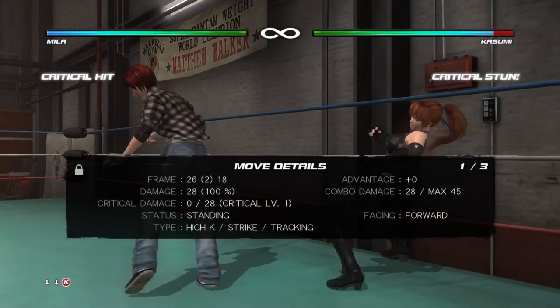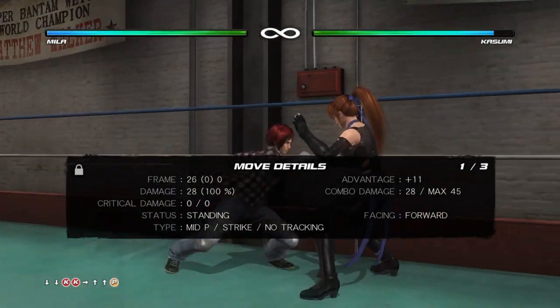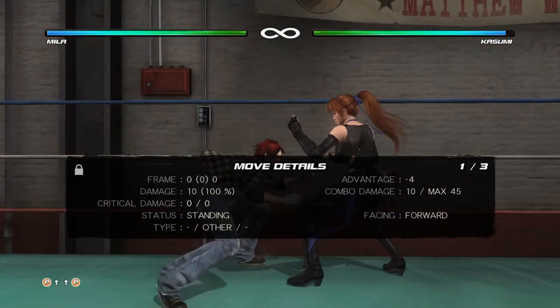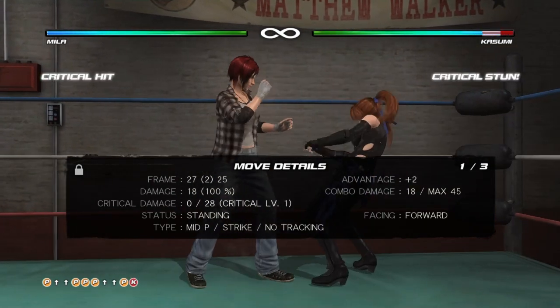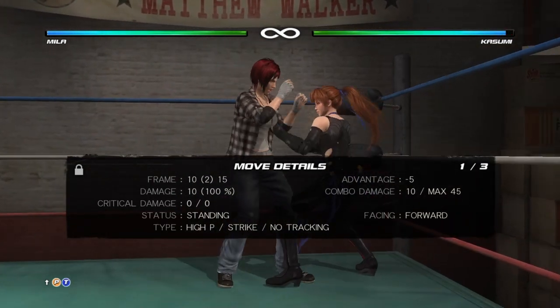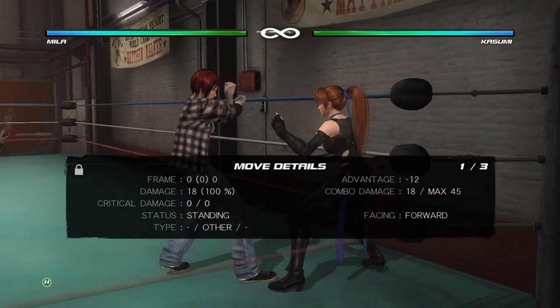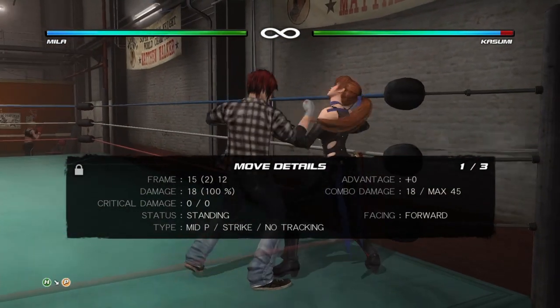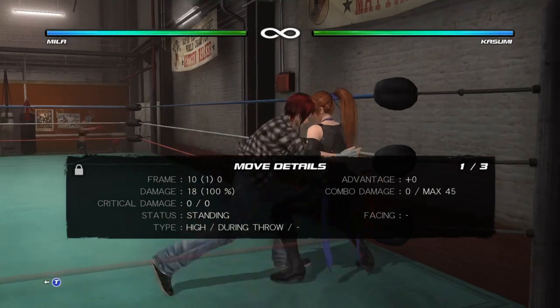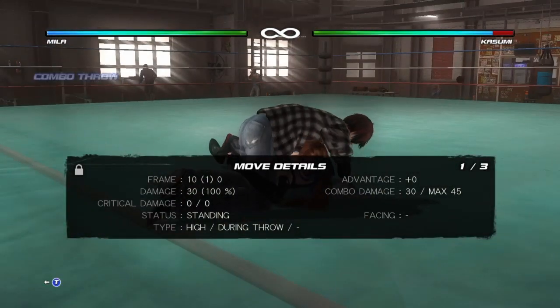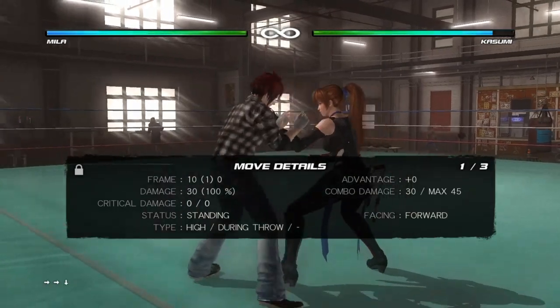She doesn't have a sidestep K, because that's just K. Sidestep punch. Is it combo off in time, I think? Sidestep throw? No sidestep throw. Okay. So yeah, these throws. Throw combos, interesting.